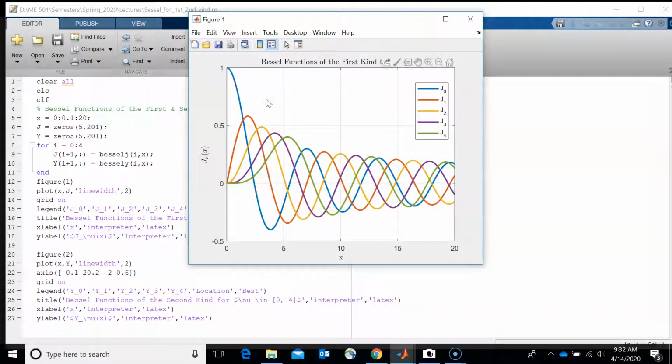What I wanted to show you is that these Bessel functions of the first kind are harmonic functions, so they're like a sine and cosine. You know that the derivative of the sine is the cosine and the derivative of the cosine is minus the sine. There is a relation between these equations that is the same thing.